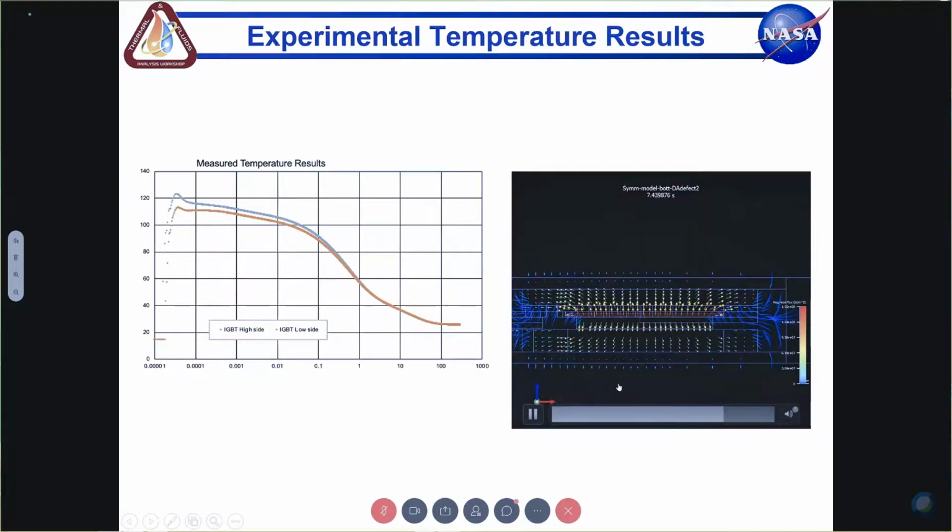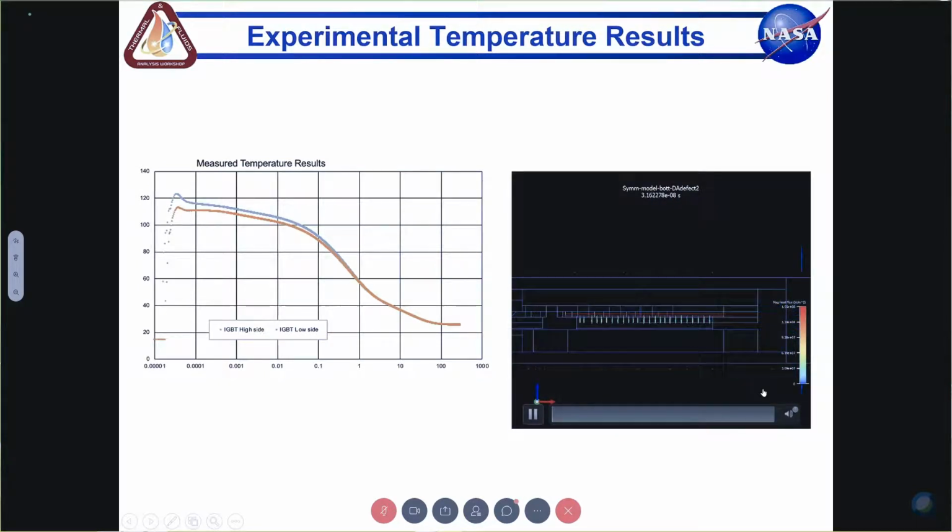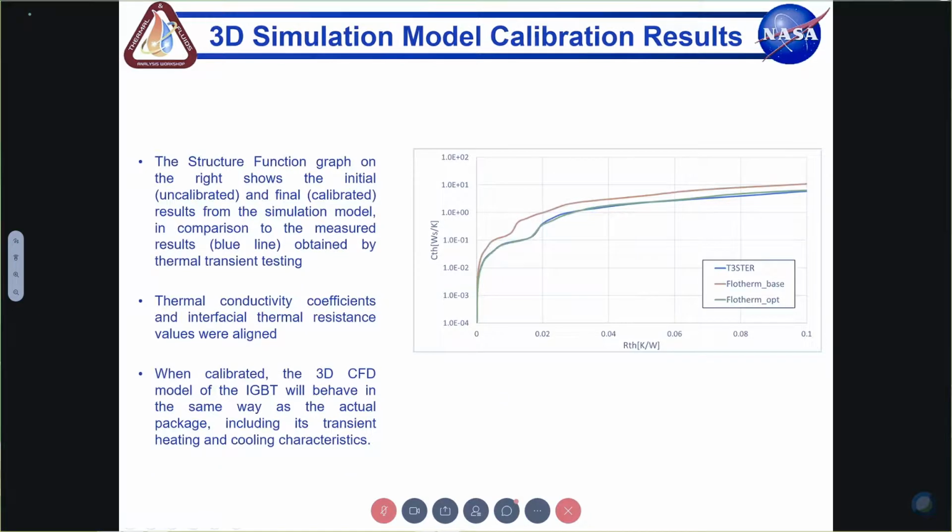So what you see in this slide for the 2 IGBTs which are in the package, we measured 2 different transient responses, with time on the horizontal scale and temperature on the vertical scale. And on the right side, you see an equivalent simulation showing you the heat flux vectors going both up and down. And ultimately, as the device was not cooled on the top side, turning back a little bit in steady state and going also downwards.